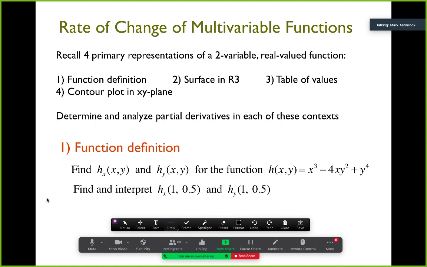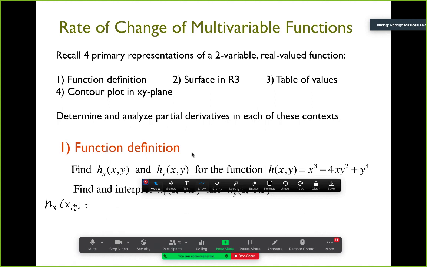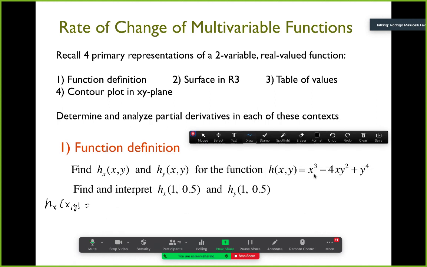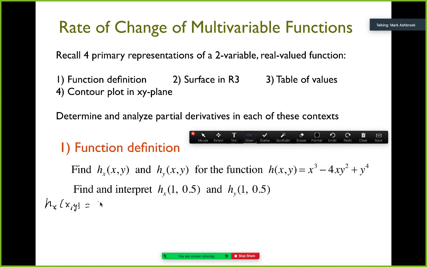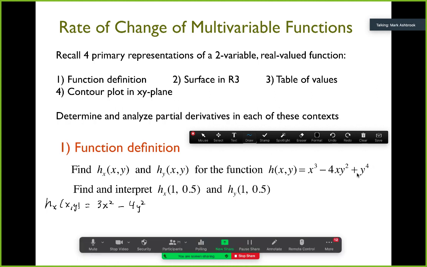So first of all, the partial of this function h with respect to x will be 3x squared minus 4y squared. With respect to x, this is just like adding a constant, like adding 5, because there are no x's in it.